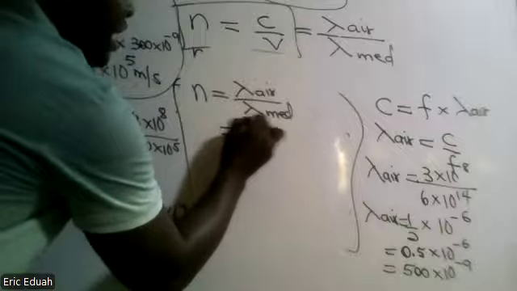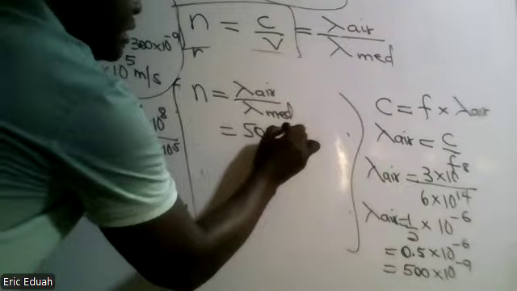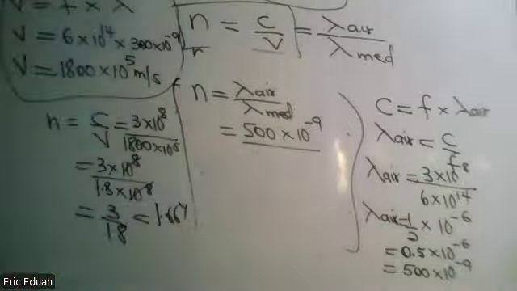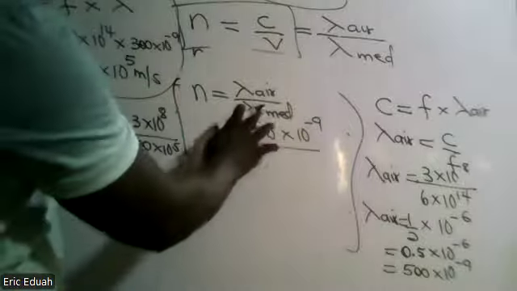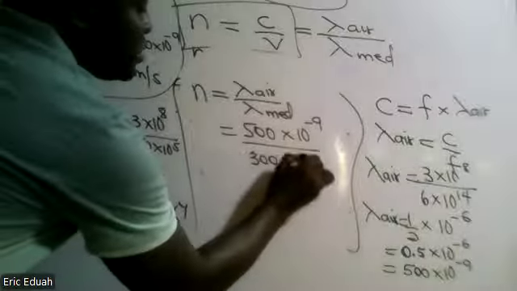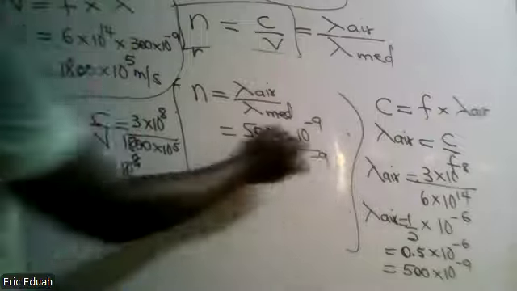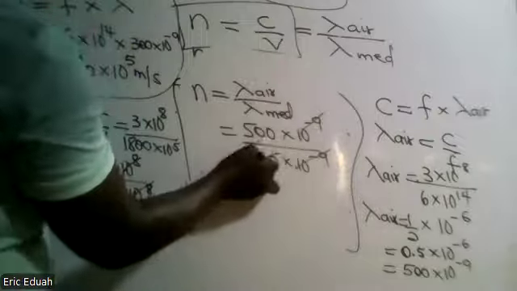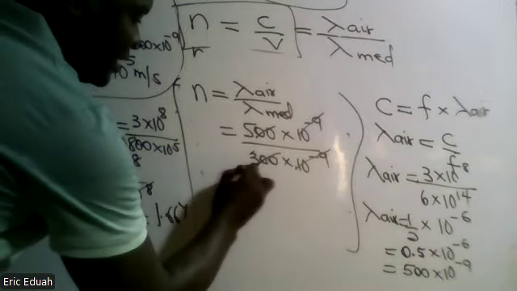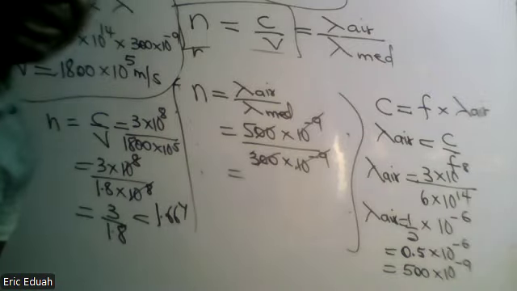We have 500 times 10 to the power negative 9 divided by the wavelength in a medium, 300 times 10 to the power negative 9. That's a difference of 3, that was cancel, 5 divided by 3. What is 5 divided by 3?